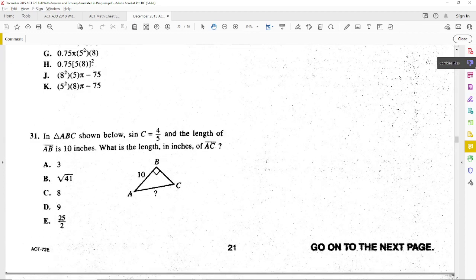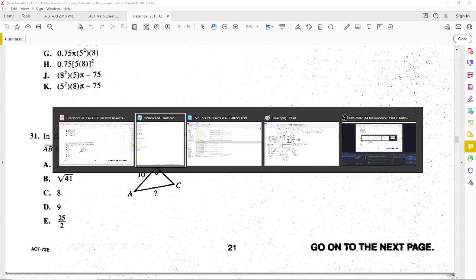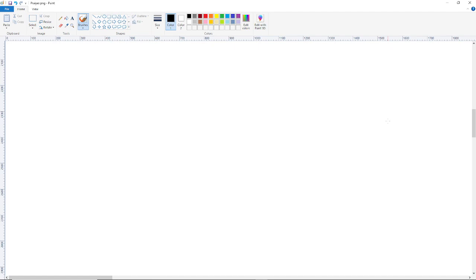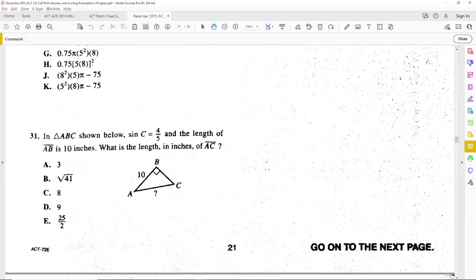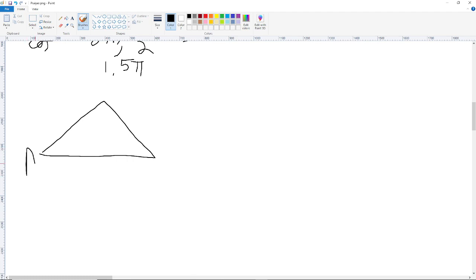All right, triangle ABC shown below. Sine C is 4/5, and the length of AB is 10 inches. All right, let me try to draw this thing. Hopefully I've given enough room here. And I have to go back frequently to remember. So this is A, this is B, this is C. It says this is the right angle. So remember, the side opposite the right angle is the hypotenuse.